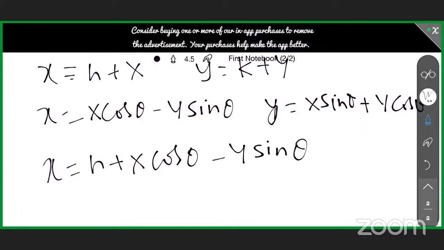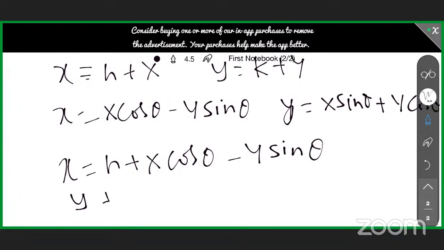In the place of x, I am writing all these things. Understood? Y will become k plus the new coordinate. What is my new coordinate? x sin theta plus y cos theta.